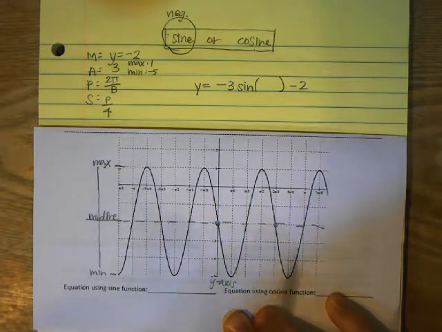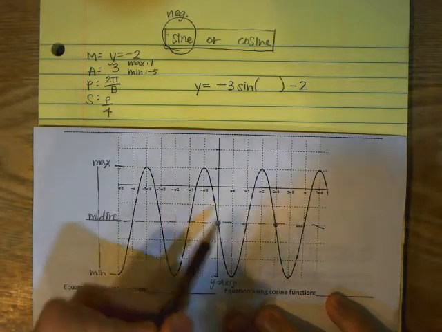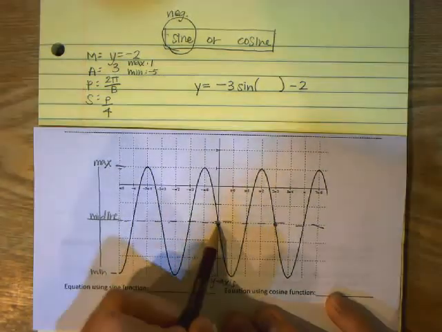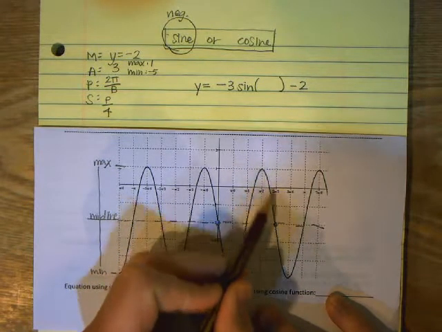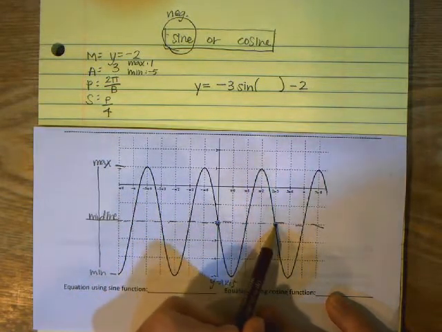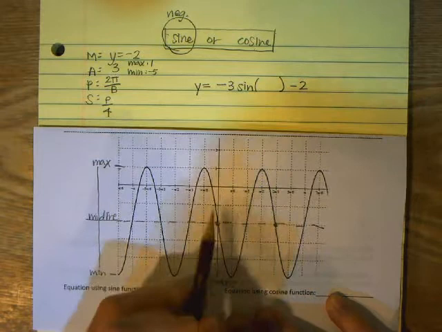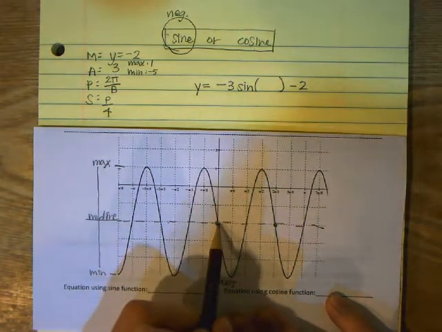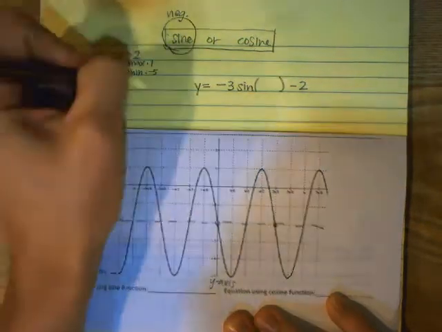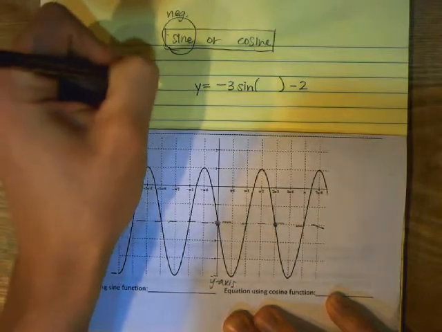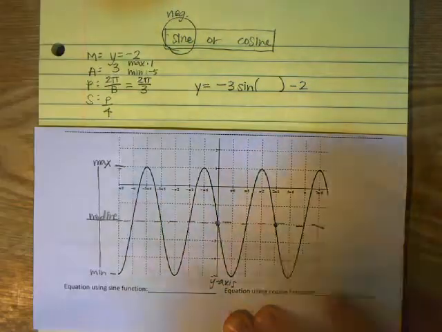All of those would be 1 period in length. But since I'm dealing with the sine function, I'm just going to look at this first cycle and base it off of that because I'm going from 0, so it makes it easier. So I know that the period is equal to 2 pi over 3.